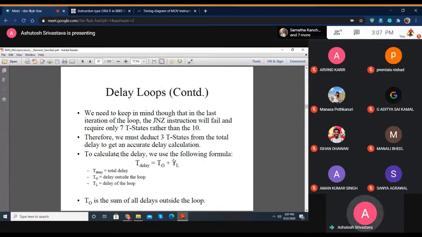So to calculate the delay, we use the following formula. So the total delay is the sum total of the delay outside the loop plus the delay within the loop.